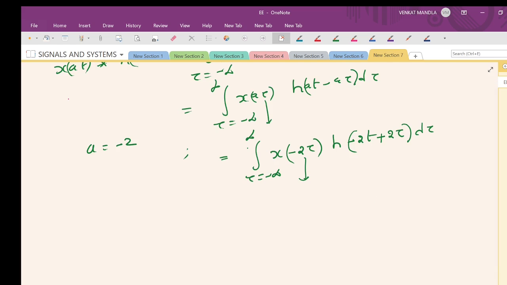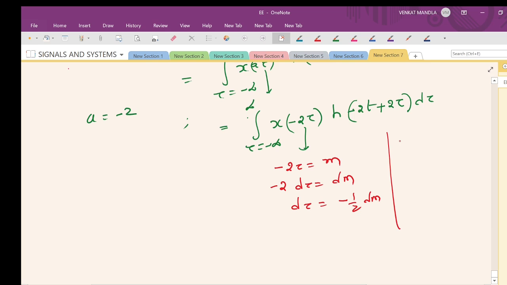Take -2 tau equal to some m. Then -2 into d tau equals dm, so d tau equals -1/2 into dm. And the limits: tau equal to -infinity, then m equals +infinity from this equation.